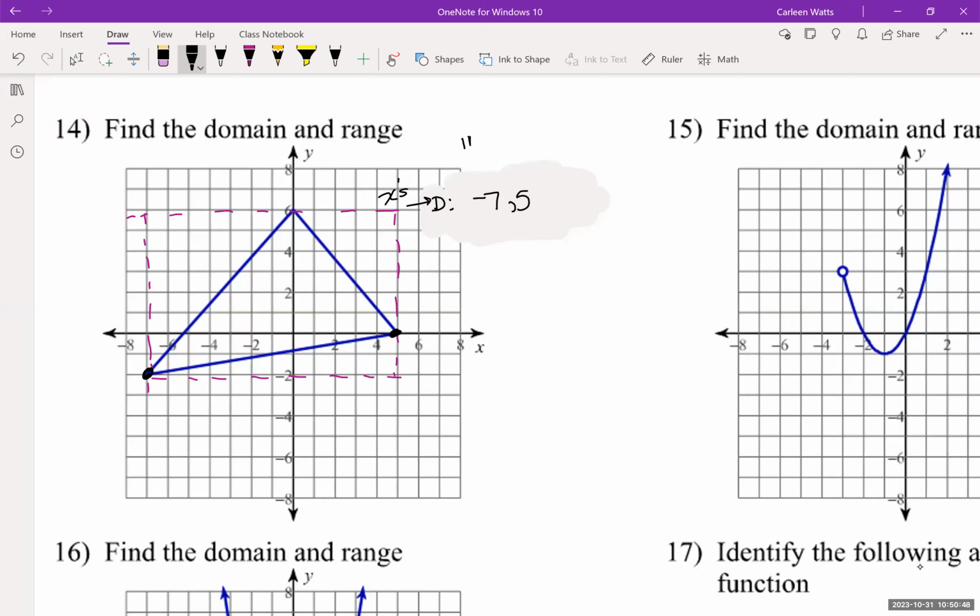If it does include, then this is a firm grip. If these were like empty circles and it didn't include it, then it would look more like an ordered pair. It would look like a parenthesis. Okay, firm grip. It includes the -7, it includes the 5.